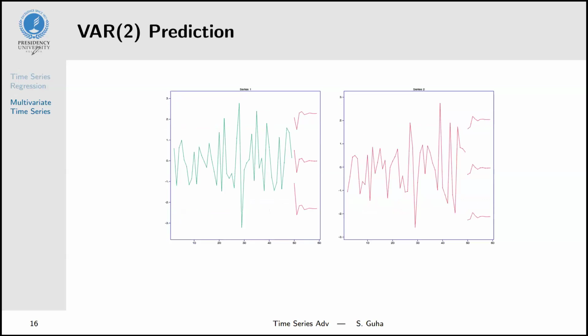Now here we have fitted a VAR model to this data, and this is the VAR prediction it is giving us. What I told you is that the sole objective of this multivariate time series model is to fit a multivariate time series model to the multivariate time series data, and then ultimately do the forecasting. So it is doing that forecasting part. This is the forecasting value for the first variable, and this is the forecasting value for the second variable.